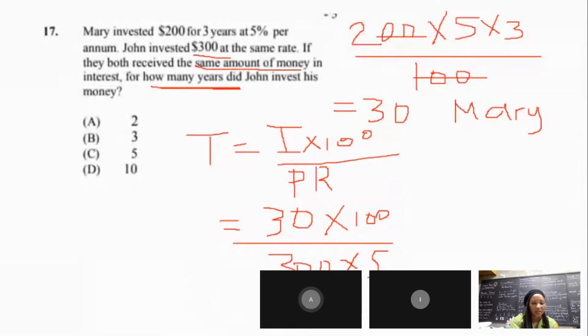Then we can cancel the 300 and 100, and 5 into 10 is 2. So 2 years. So that's A.